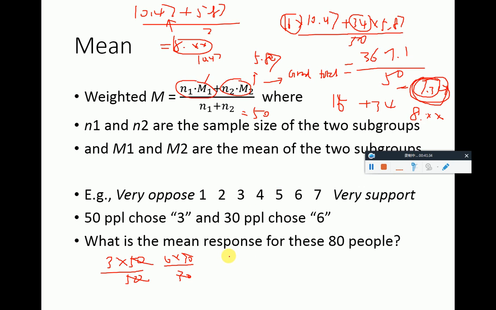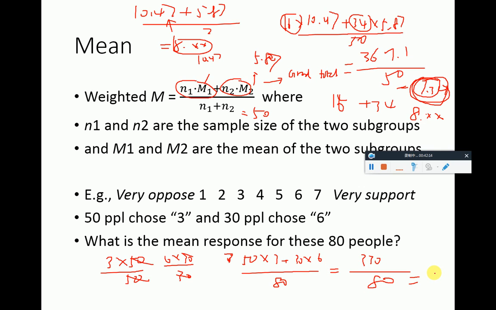That's easy, right? So now we have N1 50, M1 that's 3, N2 we have 30, and M2 we have 6. We have a total of 80 people, right? 50 plus 30, that's 80. So 150, 180, so that's 330, divided by 80.